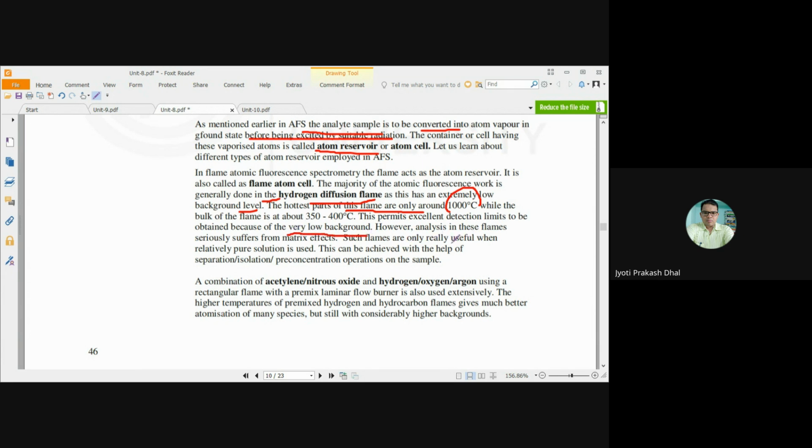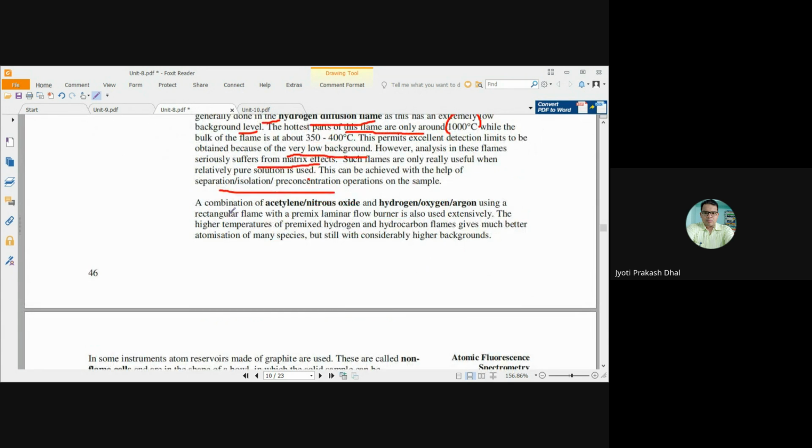However, the analysis in these flames suffers seriously from the matrix effect. Such flames are only really useful when a relatively pure solution is used. This can be achieved with the help of separation, isolation, or pre-concentration of the sample. So if pure solutions are used, we can use the hydrogen diffusion flame.